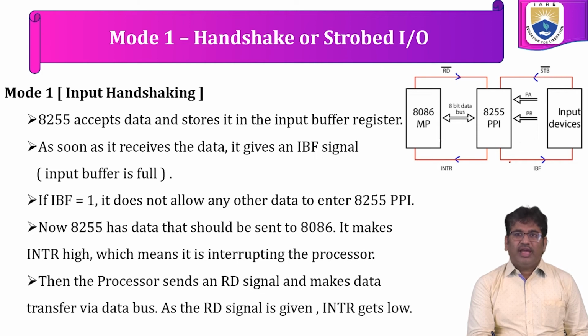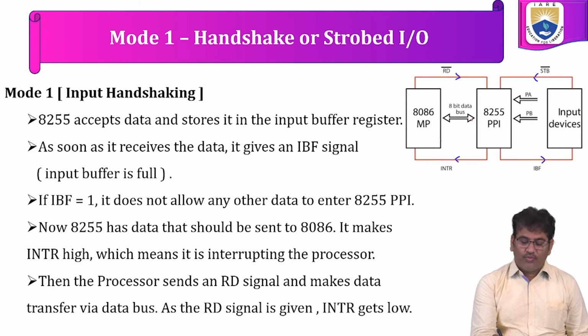Now 8255 has data that should be sent to 8086. It makes INTR high, indicating there is an interrupt request from the IO device to the 8086 microprocessor. Then the processor sends the read signal and makes the data transferred via the data bus.